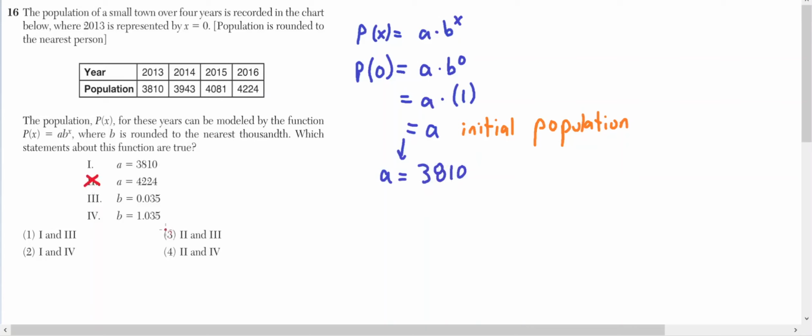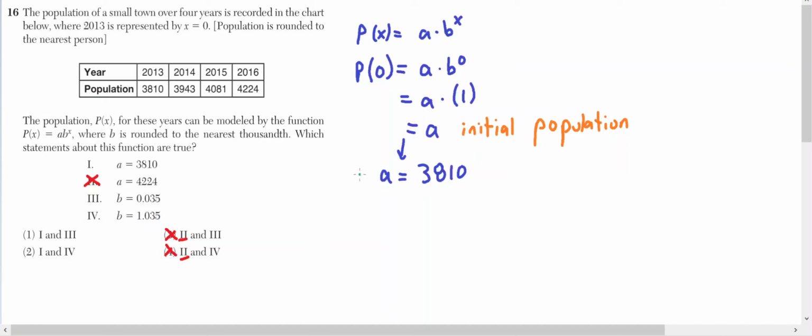So that means by extension, we can eliminate choices 3 and 4 because they include that statement as part of their combination. So now it's just a matter of determining which of these statements corresponds better to the value of b. We've got b is equal to 0.035 and b is equal to 1.035.